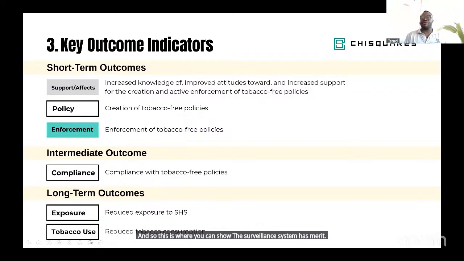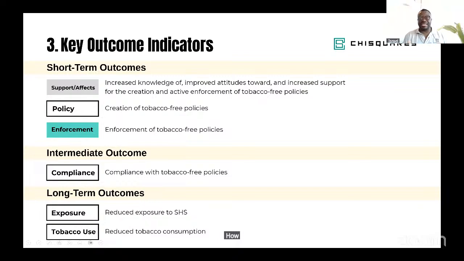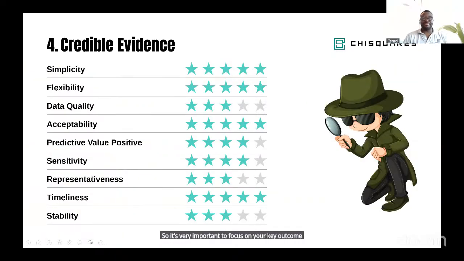You can say, oh, we're collecting this data so that we can look at the degree of compliance with smoke-free laws and know where we need to improve. Or we are collecting this data so that we can look at how we can improve interventions that will reduce tobacco use, for example. So it's very important to focus on your key outcome indicators.